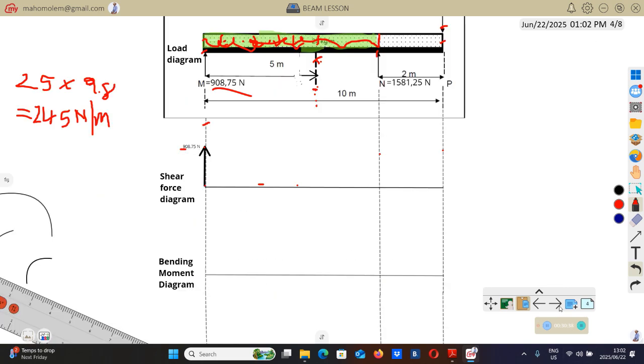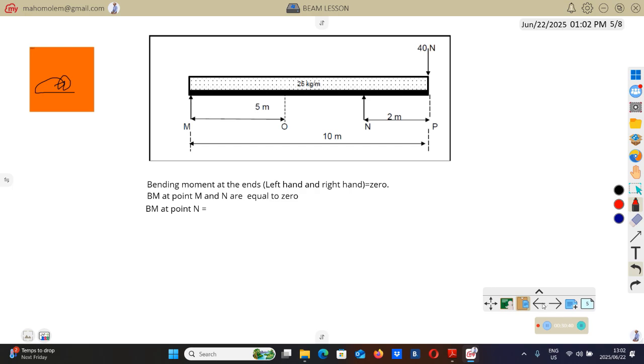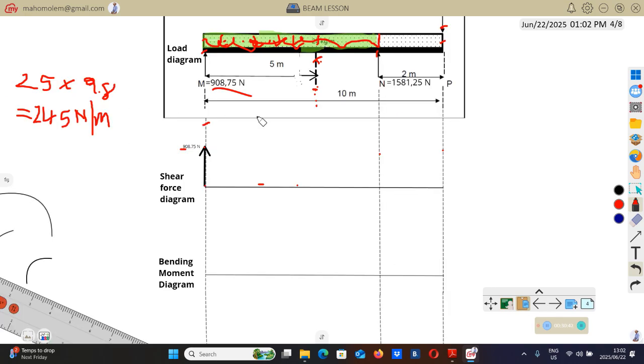So to find the weight of this green part of the beam, you take the load per meter length, multiplied by the length from here to there.